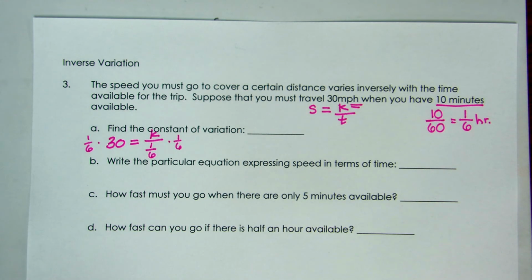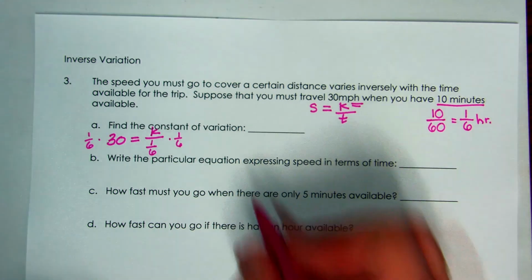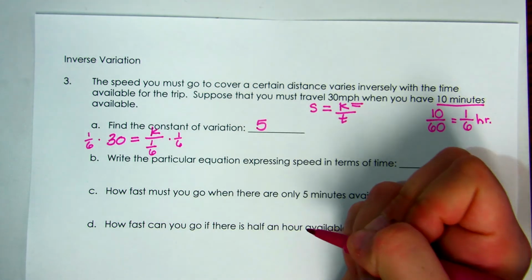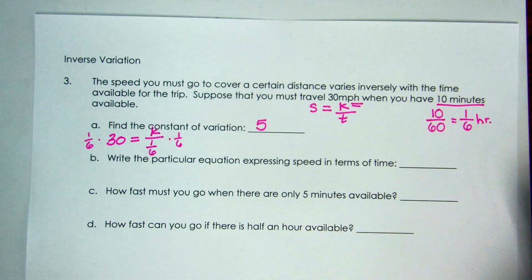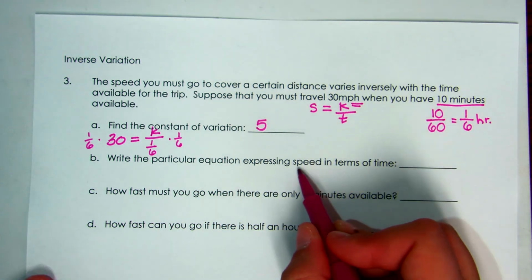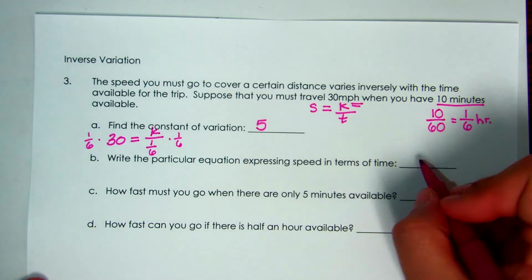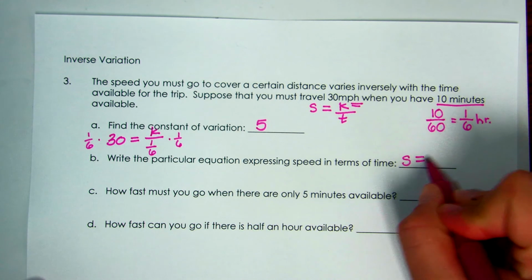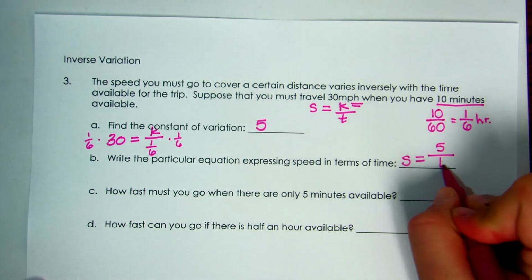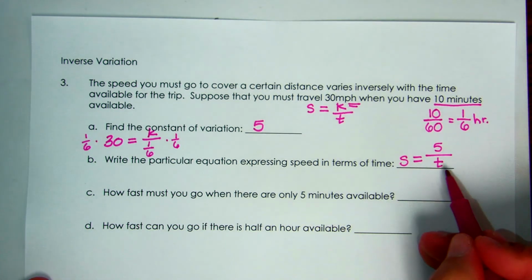So 30 times 1/6 is 5. So write a particular equation expressing speed in terms of time. So speed equals 5 divided by t, the time.